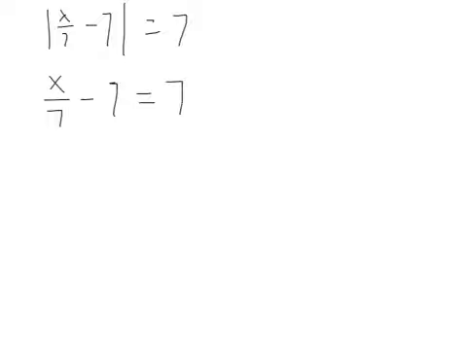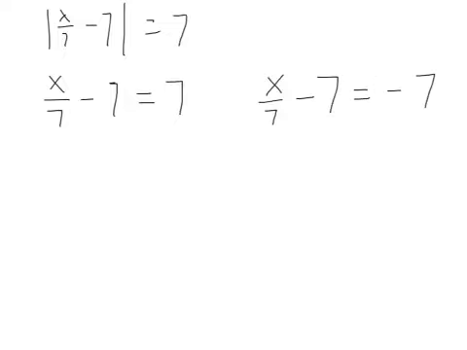So I'm going to set up my equation, the absolute value of x over 7 minus 7 equals 7, and I'll set that equation up twice. One time we'll let what's in the absolute value equal 7, and one time we'll let what's inside the absolute value equal negative 7.